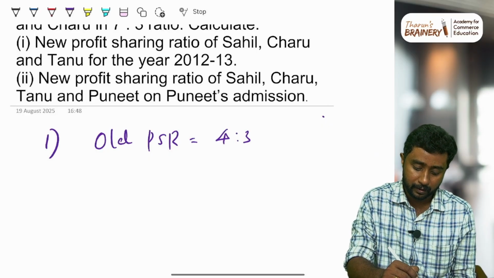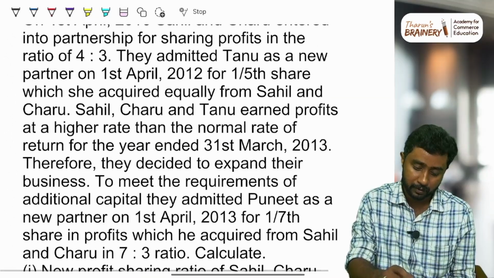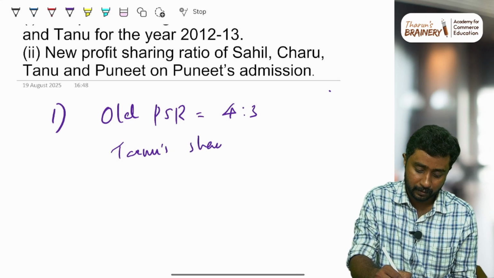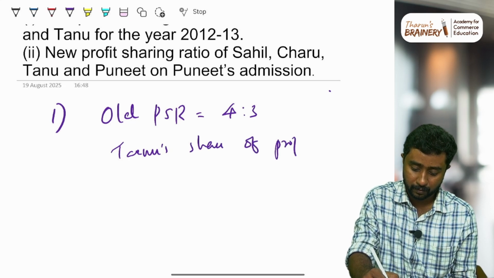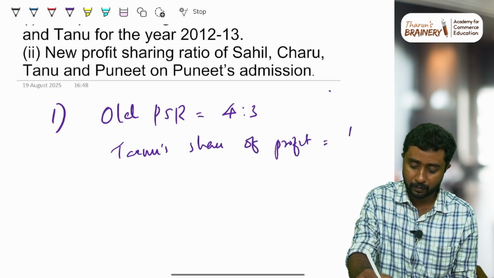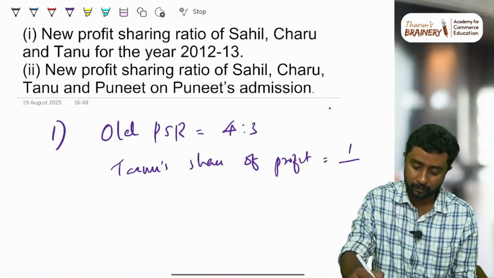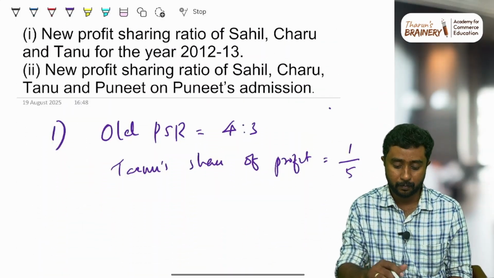A new person is coming, Tanu. Tanu's share of profit was 1 by 5, so 1/5.